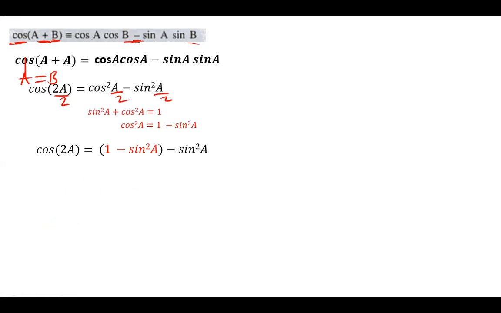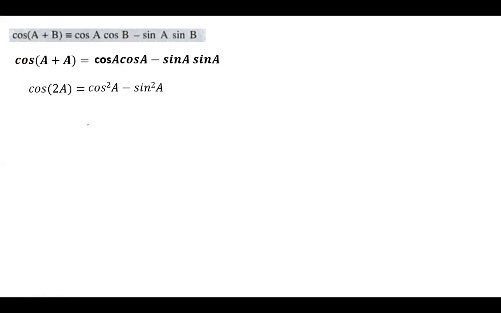Before we look at the half angle formula for cos, let us see the other ways you can write this double angle formula for cos. Remember I said the Pythagorean identity is given by sine squared A plus cos squared A is equal to 1.